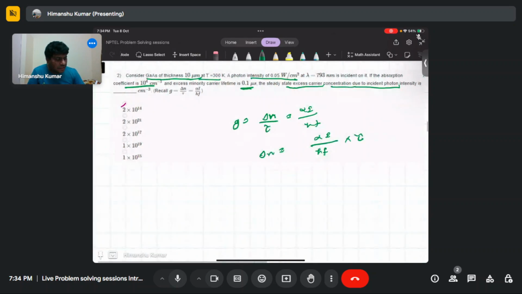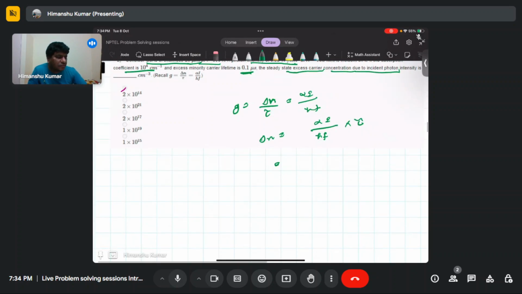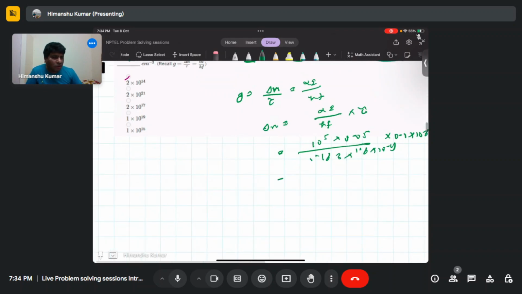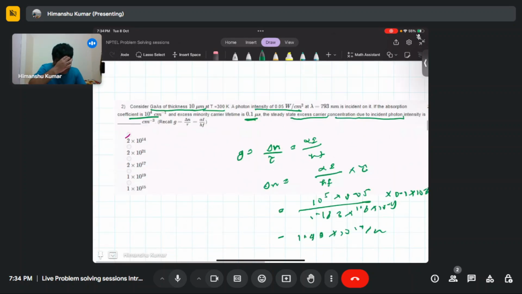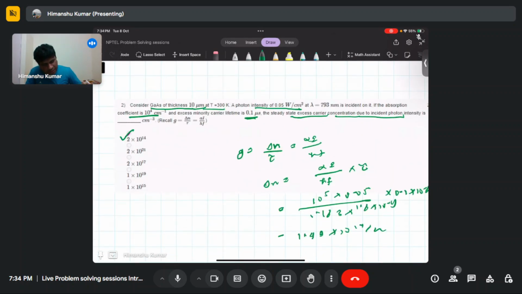You can put in all the values: this is 10 power 5, this is 0.05, and this is 1.563 times 1.6 into 10 power minus 19, times 0.1 into 10 power minus 6 seconds. If you solve the equation, you will see around 1.9 into 10 power 14 per centimeter cube. So the correct answer matching this is 2 into 10 power 14 per centimeter cube.